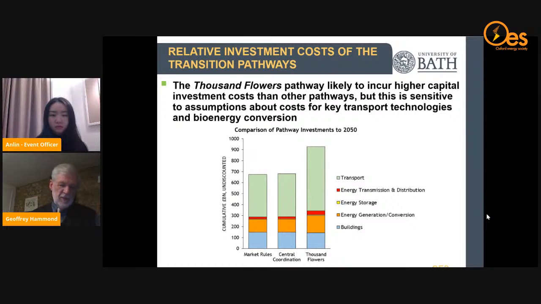And here we have the investment costs in these pathways broken down into what are the implications for transport, storage, transmission, the energy generators, and so on. And we see in this particular case that the 1,000 flowers actually costs you more than does some of the other technologies. That's because 1,000 flowers is quite a bit different from conventional energy technologies, and therefore we've got to invest in new capacity all around.